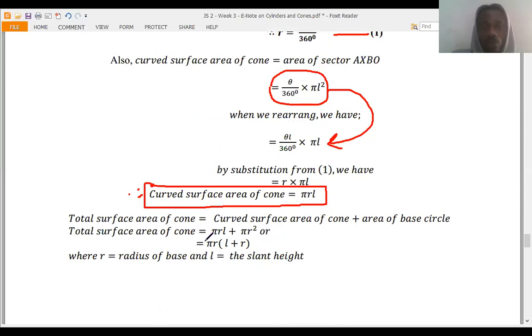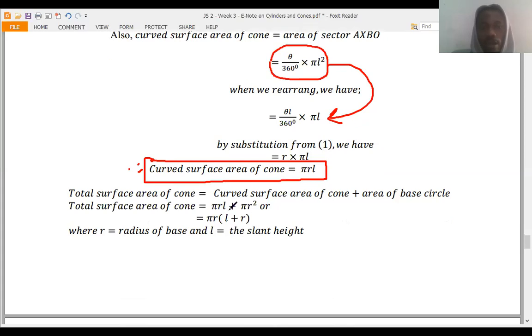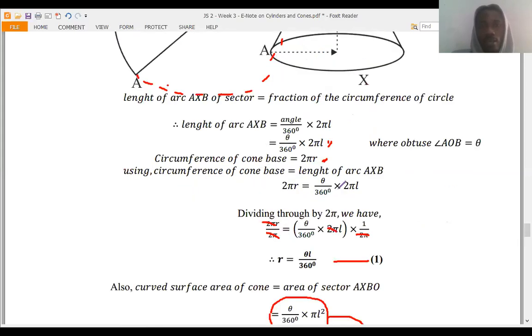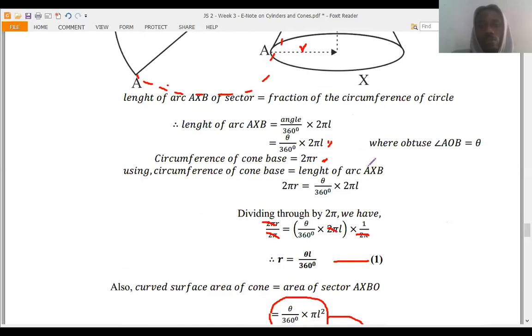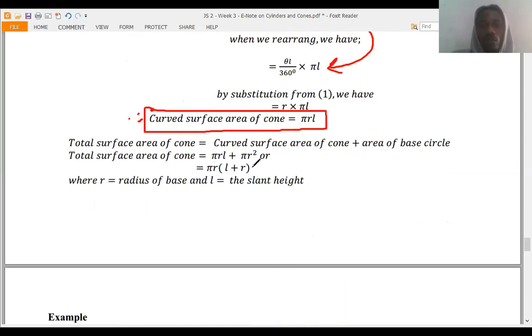So we add the curved surface area pi R L plus the base circle pi R squared, or we can factorize to get pi R into L plus R, where R is the radius of the base and L is the slant height. Like I said, this R here is the radius of this base and L is the slant height of the cone. So if you are given the radius of the base and the slant height of the cone, you can calculate the total surface area of the cone.